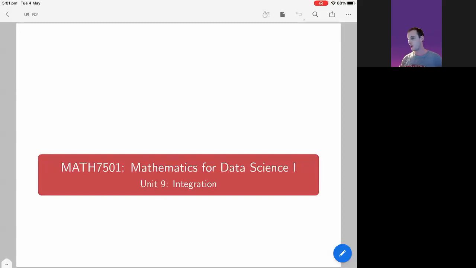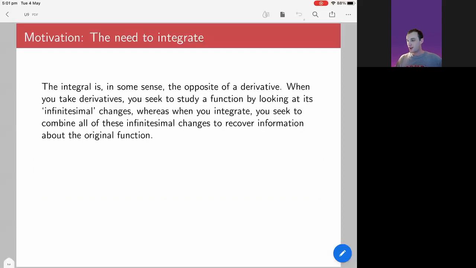Okay, Unit 9, Integration. Usually I like to start these units by describing to you why it's so important to study integration. Now, maybe my answer to this is a bit of a cop-out.